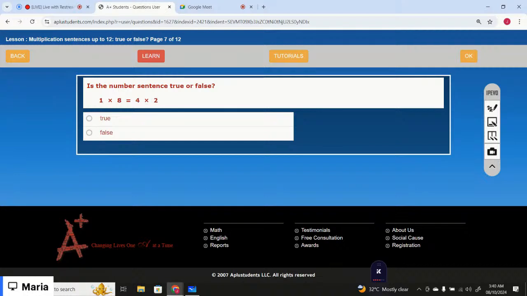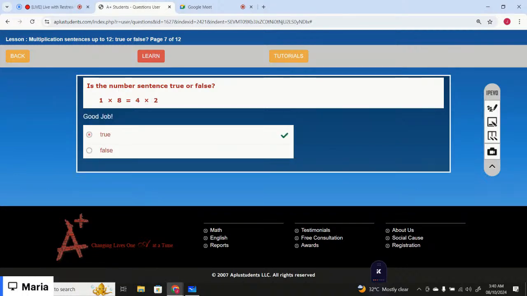That is true. 8 times 1 is 8 and 4 times 2 is 8. So, true it is. Option number 1 is the correct option.